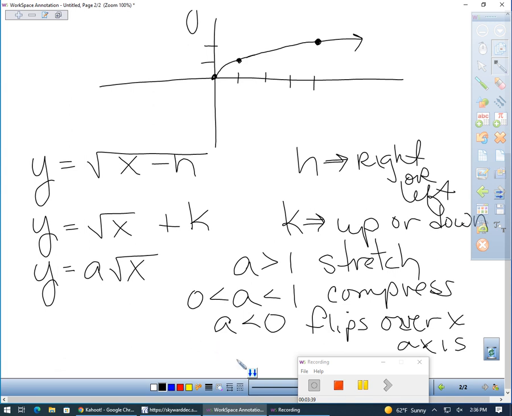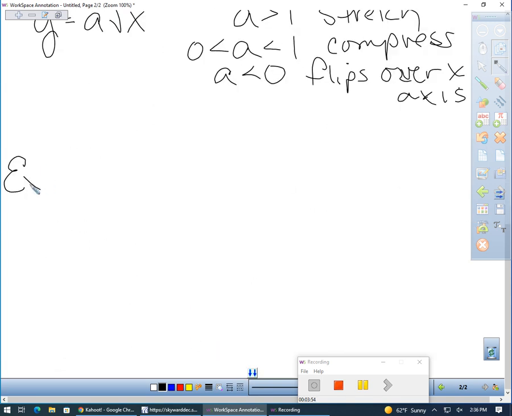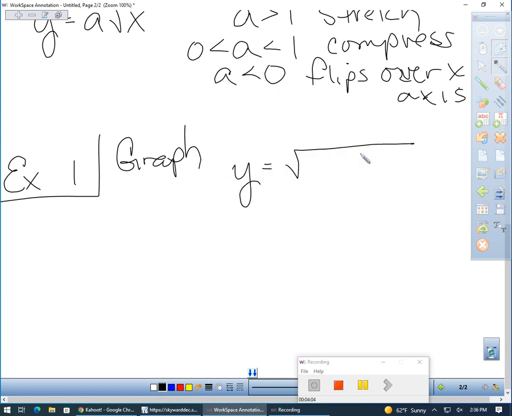All right, so example number 1. If all I do is ask you to graph, and I give you y equals the square root of x minus 4. On your paper, the first thing I want you to do is describe how this translates.